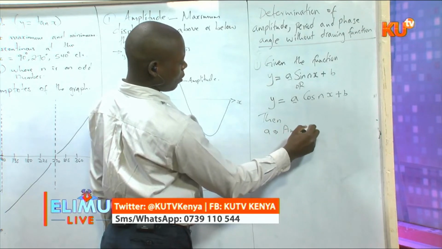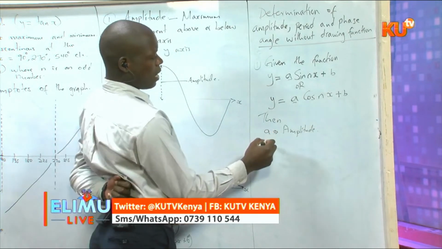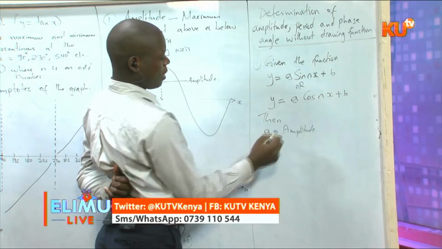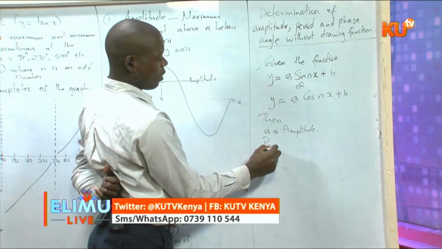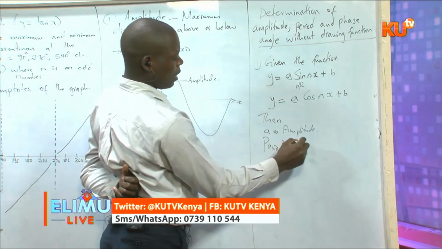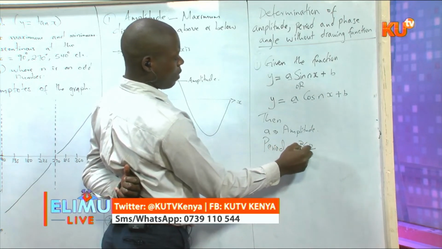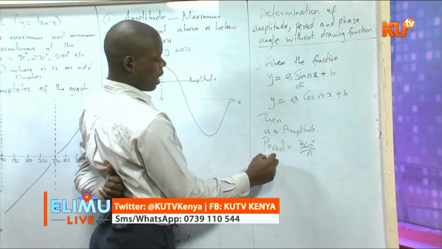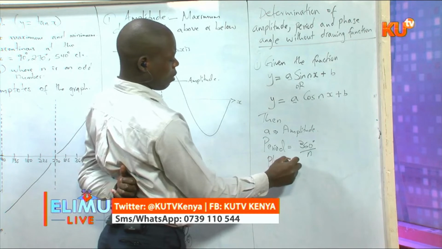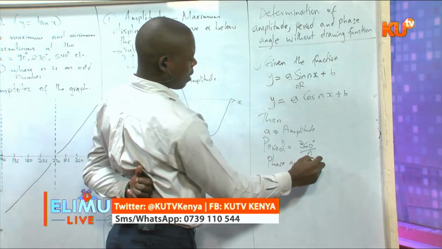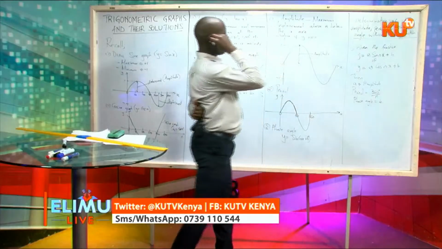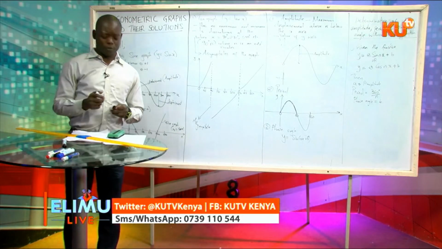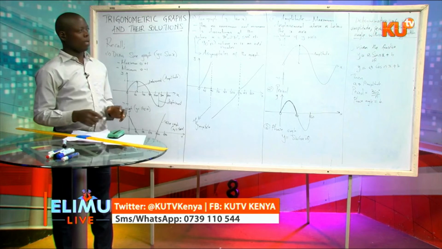And then when looking at n, the coefficient of x gives us what we call period. And so the period is 360 degrees divided by n. And then the phase angle is identified by the value b. Whether b is positive or negative, again, remember to take the absolute value of b, which should be a positive value.